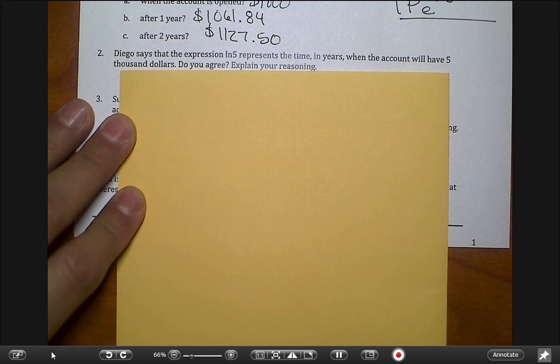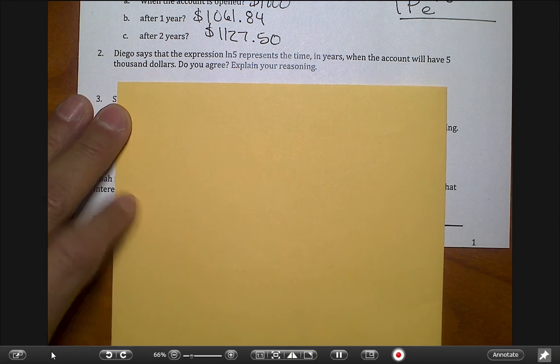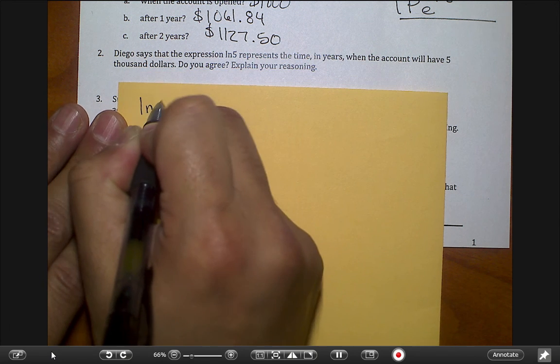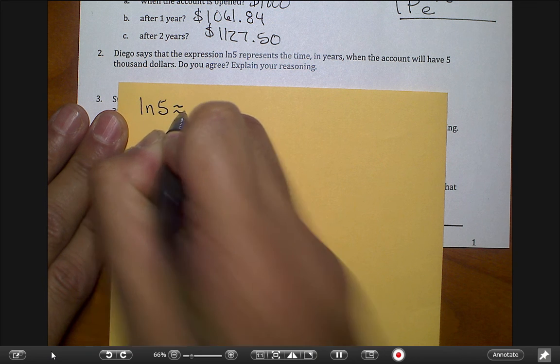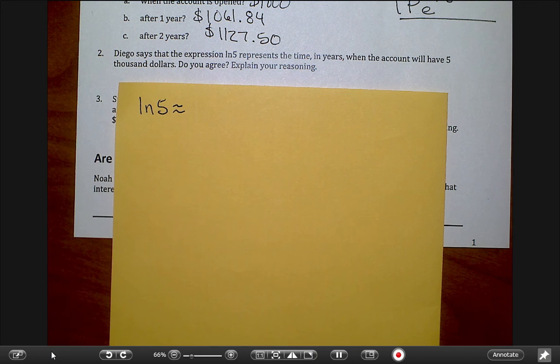Ln5. Let's figure out what is Ln5 first. So, let's figure it out. We are figuring out what Ln5 is going to be.